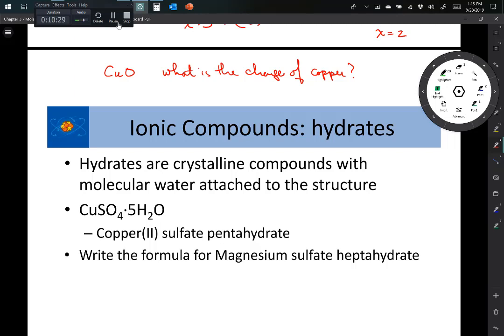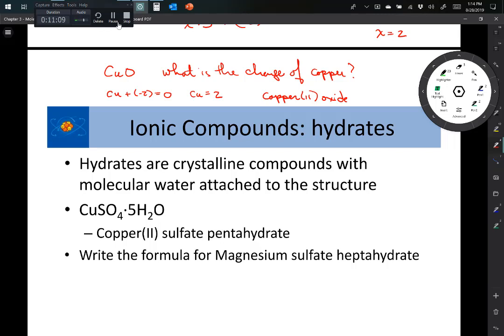So if oxygen is -2, the charge of copper plus -2 is equal to 0. So copper has to be equal to 2. So when I write the name, what is it? It's copper 2, right? Roman numeral. And then what? Oxide. Good.